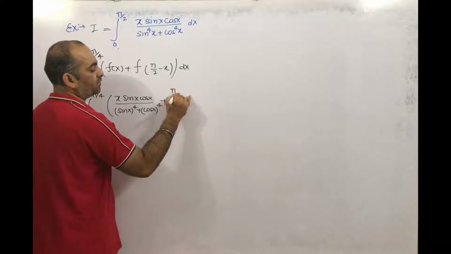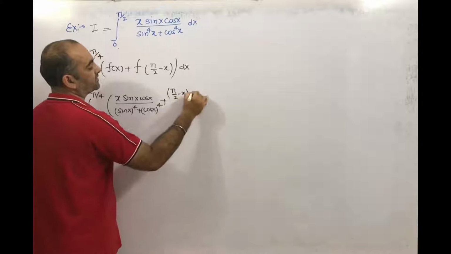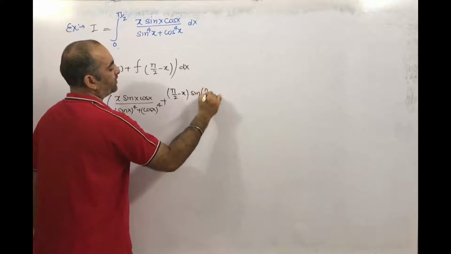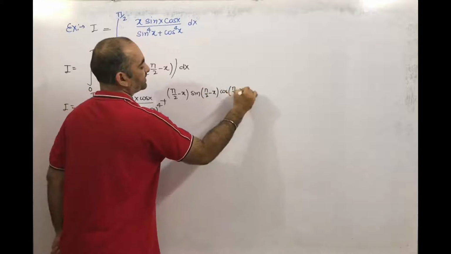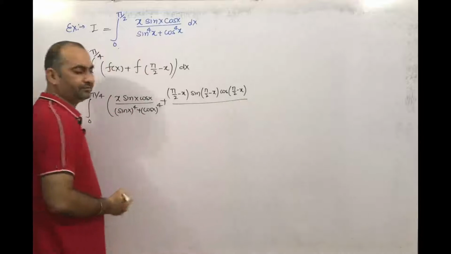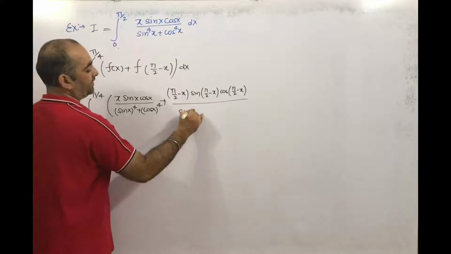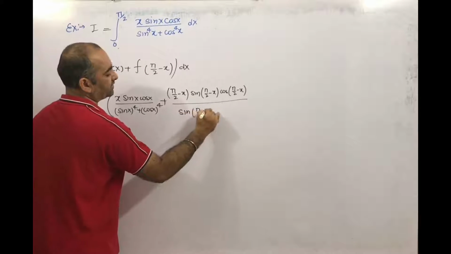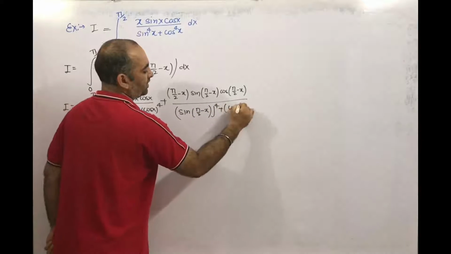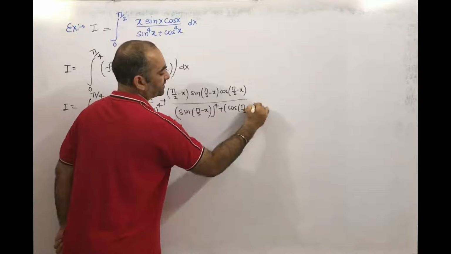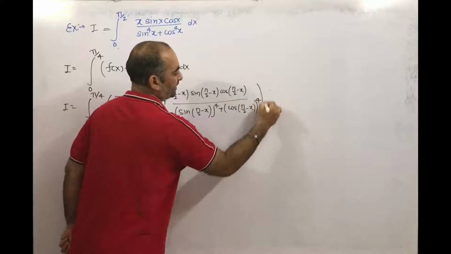So it will be pi by 2 minus x, sin of pi by 2 minus x, cos of pi by 2 minus x, divided by sin pi by 2 minus x to the power 4 plus cos pi by 2 minus x to the power 4 dx.